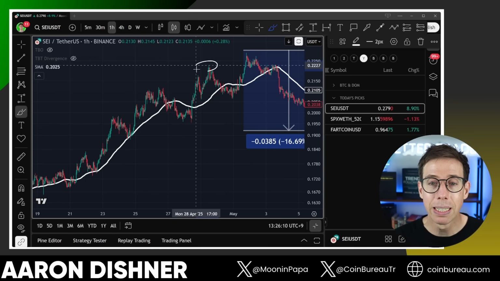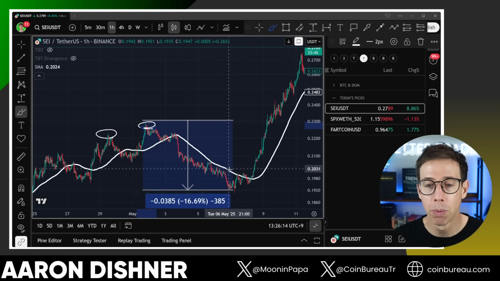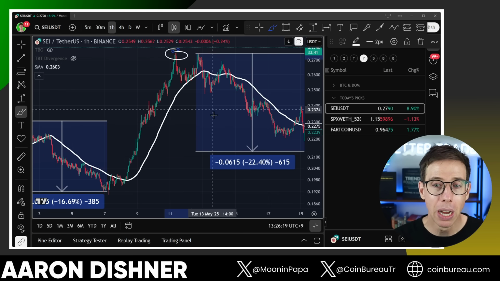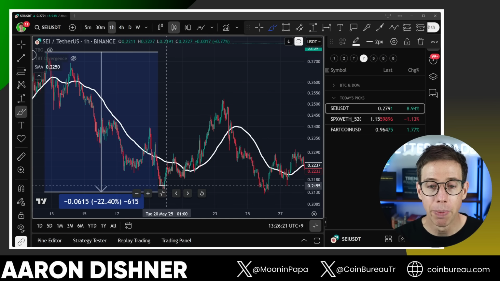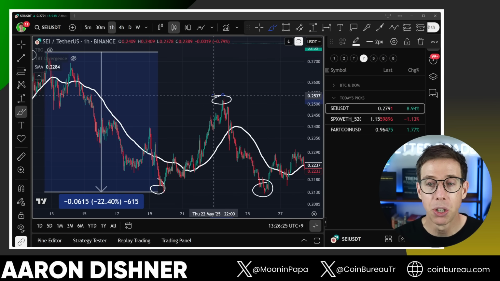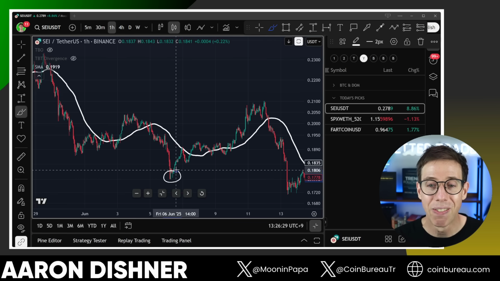When we get these overextensions from the price, it helps us identify when a chart is possibly topping out or bottoming out. So the clearer and quicker we can identify when the chart is overextended, the better we can take advantage of these moves.